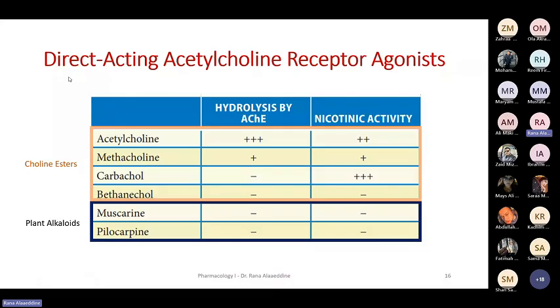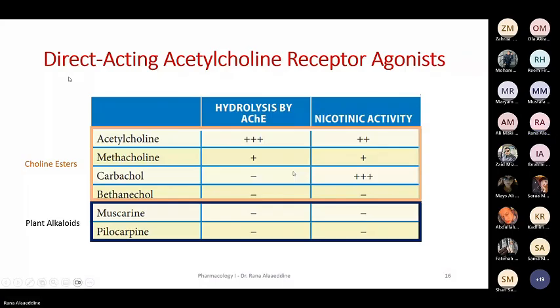So we cannot use it for treatment because it acts on the nicotinic receptors. So guys, we're not going to use it as a pill, okay, never. Whereas bethanechol has the perfect combination for treatment, long duration of action, and it doesn't bind to nicotinic receptors. Same thing for the other two drugs over here, okay?